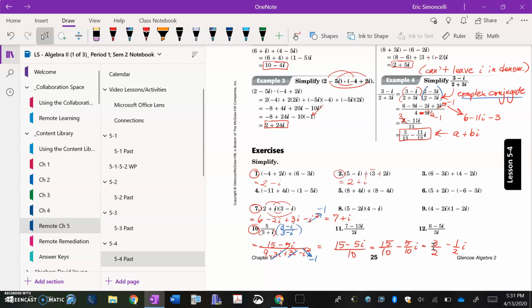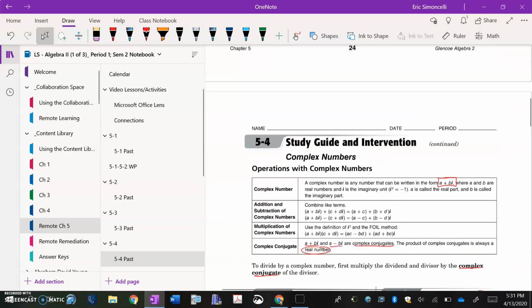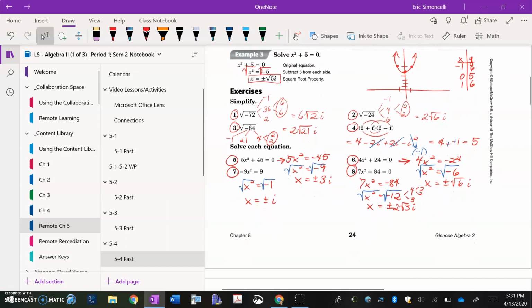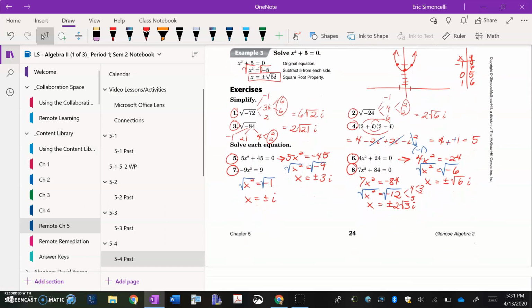I'm going to scroll back to a prior page, page 24, and you can see how in example 3, I went through and I graphed x squared plus 5 equals 0. Just to make a point here based upon what I've done and what I will ask you to do in the future with graphs. You can in fact graph the function x squared plus 5 equals 0.